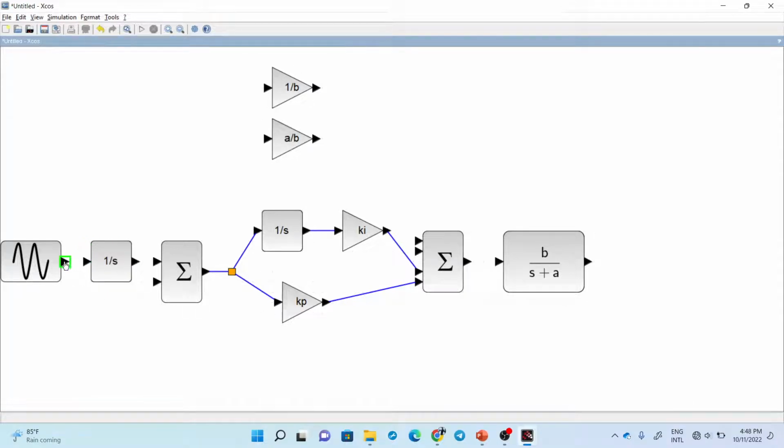I need integrator to get omega d. So here just omega d dot, so omega d dot times 1 over b. So omega d dot is here.